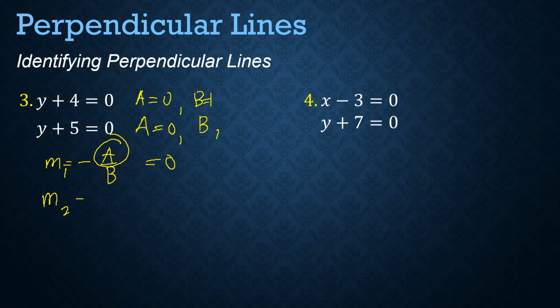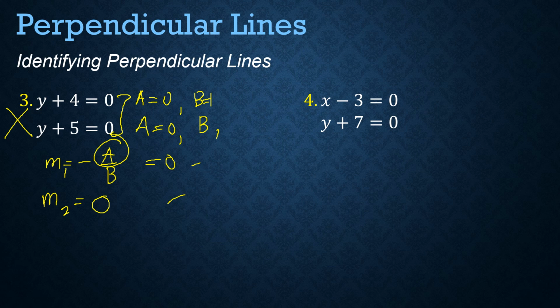And so m sub 2 is also 0. They have the same slope. Therefore, they are parallel, and so they are not perpendicular. And these two lines are called horizontal lines, because their slope is 0.